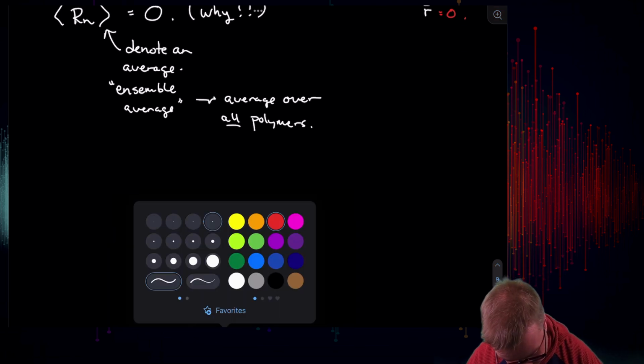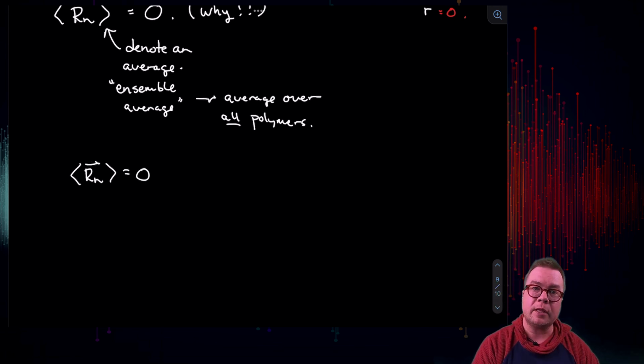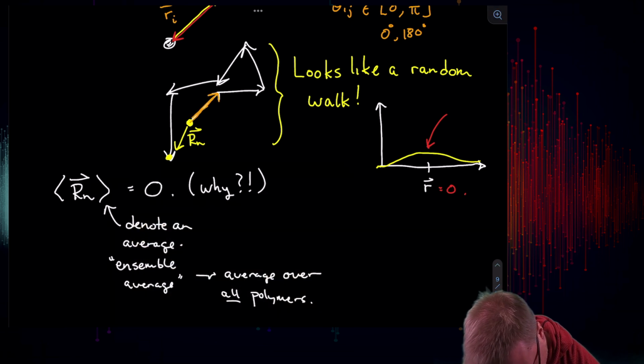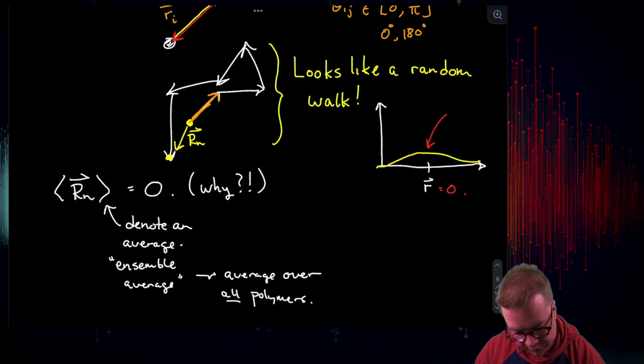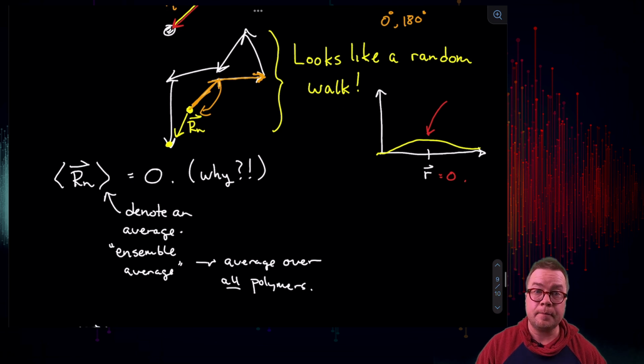The next way that we could look at the fact that the bond vector on average is equal to 0 is we can look at what the polymer chain is. So we can look at all the bond vectors and let's connect them to the same origin. So for example, let's take the first bond vector, that one, and put that at the origin, and then move the second one, which is this one, move that to the origin.